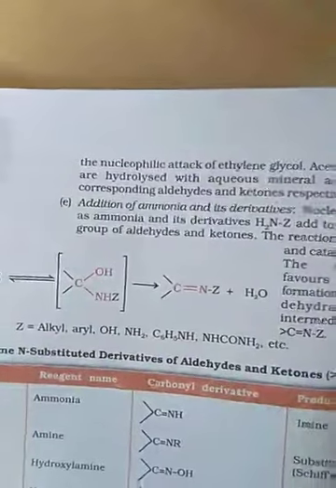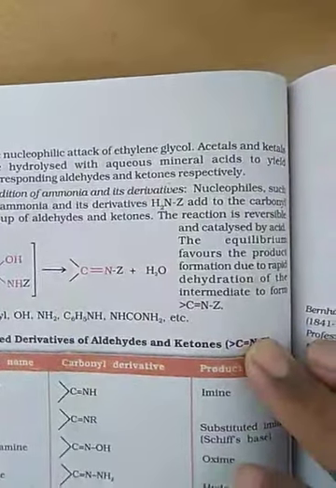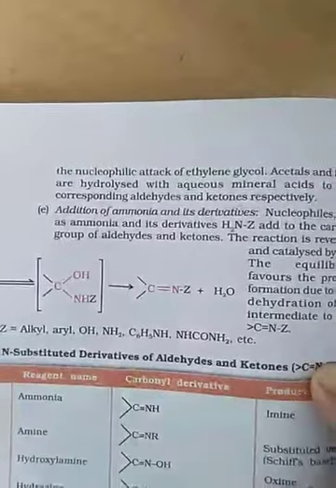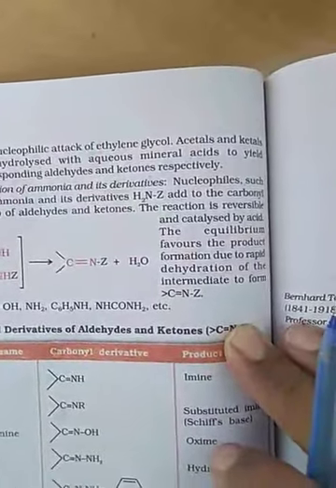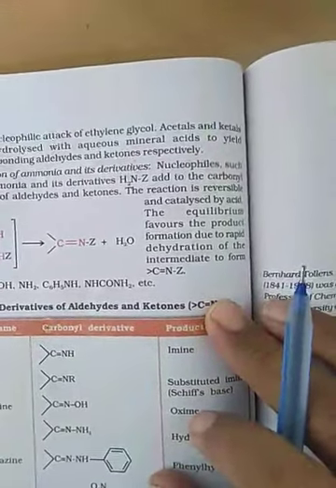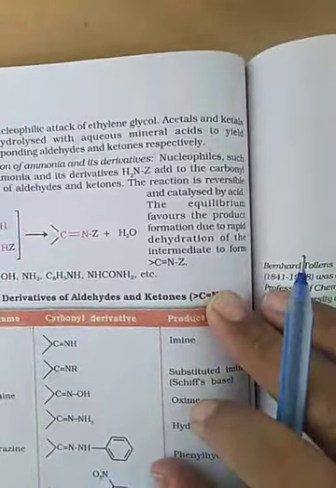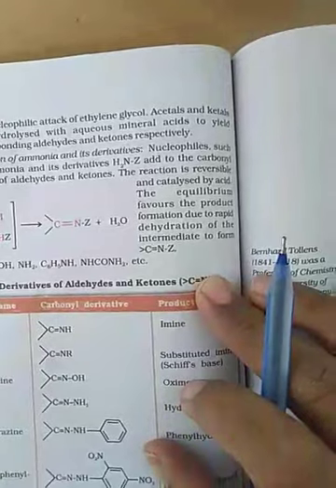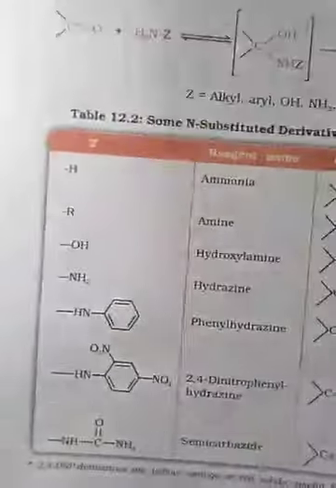Nucleophiles such as ammonia and its derivatives NH2Z add to the carbonyl group of aldehydes and ketones. The reaction is reversible and catalyzed by acid. The equilibrium favors the product formation due to rapid dehydration of the intermediate to form C=NZ. See the table.